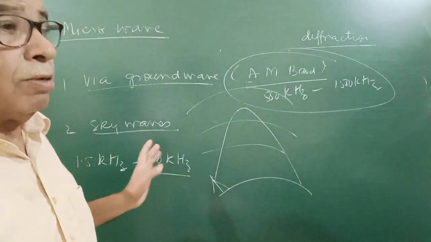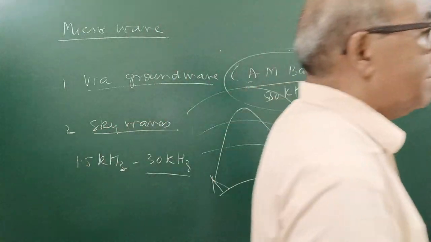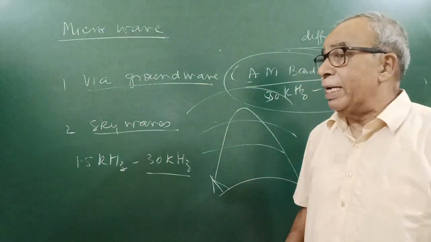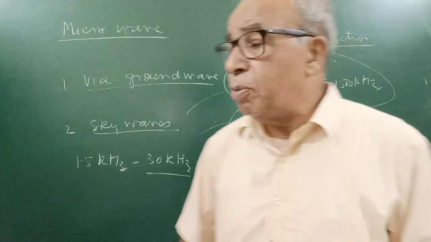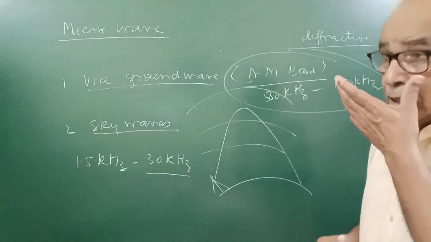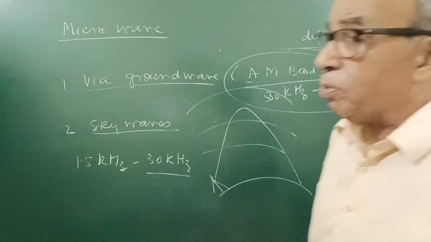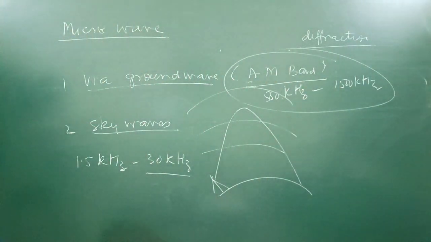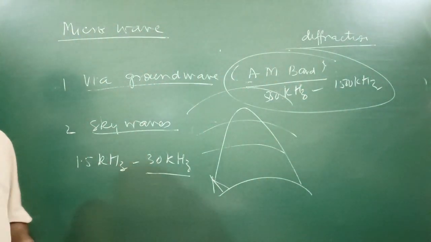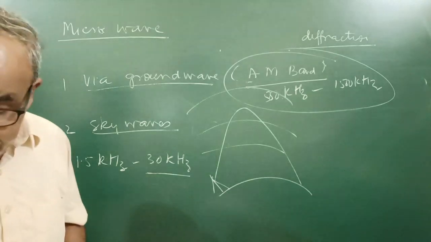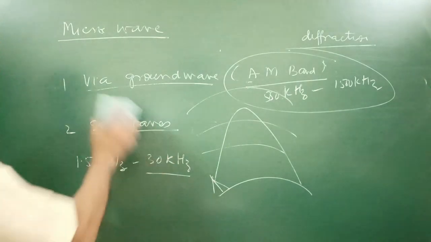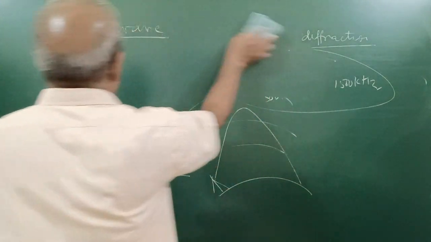There is a question in the book: why do we use the short wave band? Band means a range of frequency or wavelength. Because they are reflected back by the ionosphere due to total internal reflection, which we will explain in optics.